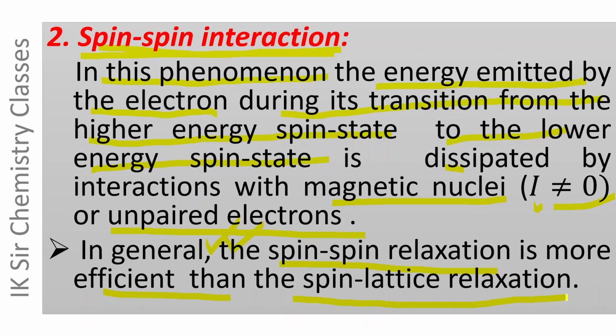Electrons can approach each other more closely than an electron and a nucleus, and this is why spin-spin relaxation is more efficient, faster than spin-lattice relaxation.